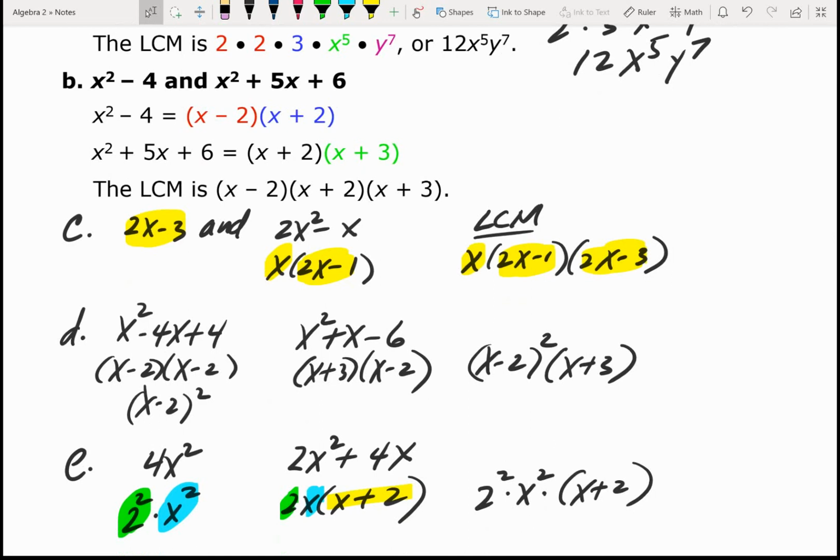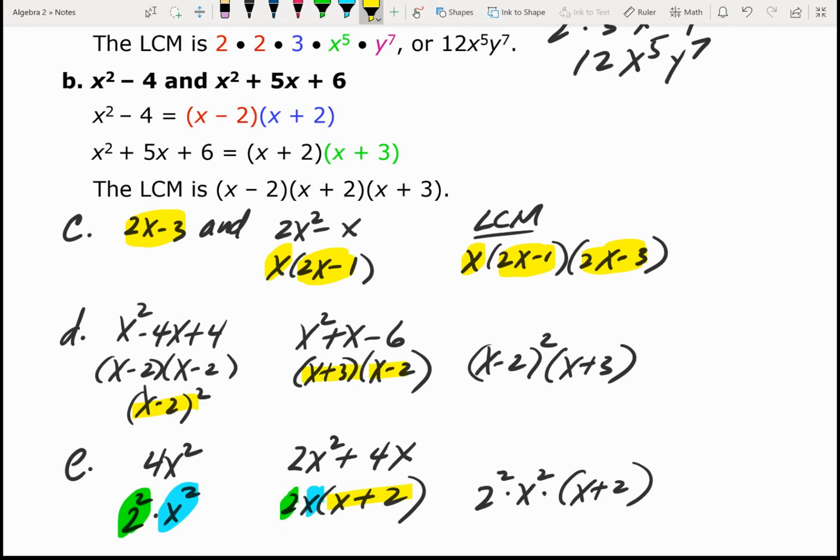Let's take a look at x squared minus 4x plus 4. When I factor it, I'll get x minus 2 times x minus 2, or x minus 2 squared. And then I have x squared plus x minus 6, and when I factor that, I'll get x plus 3 times x minus 2.